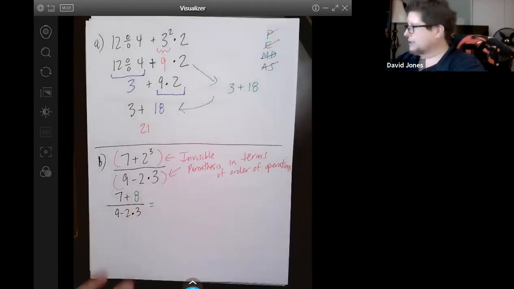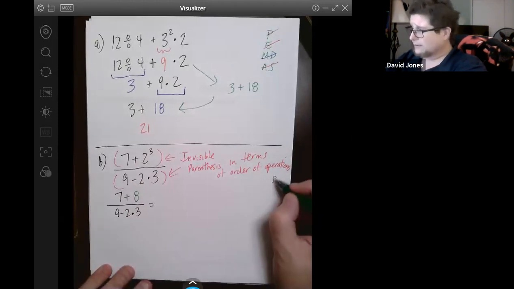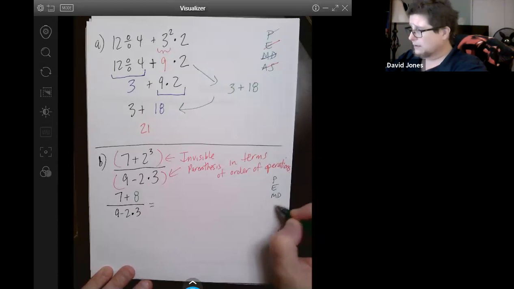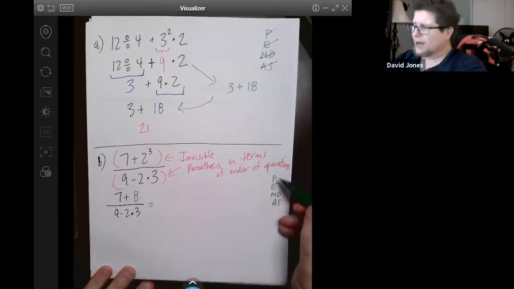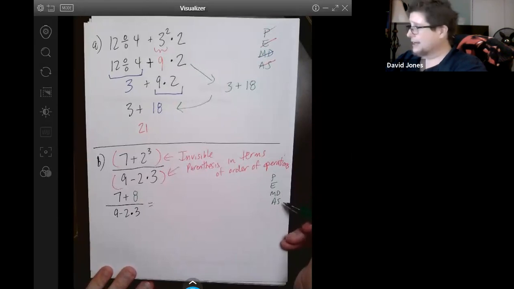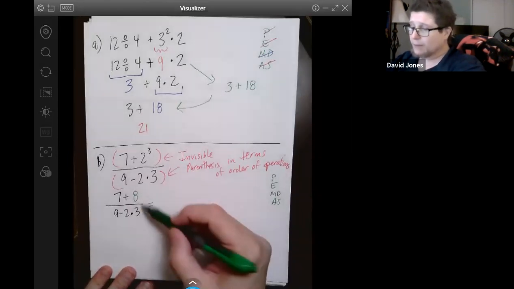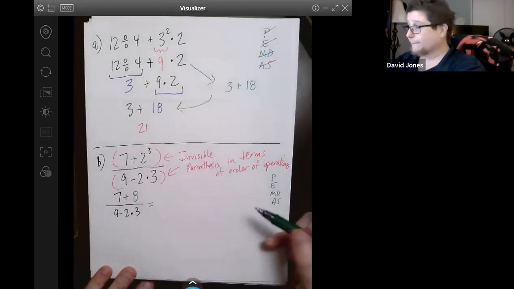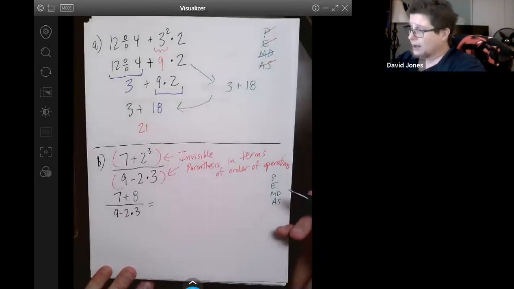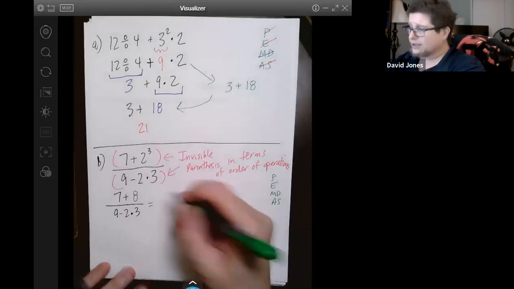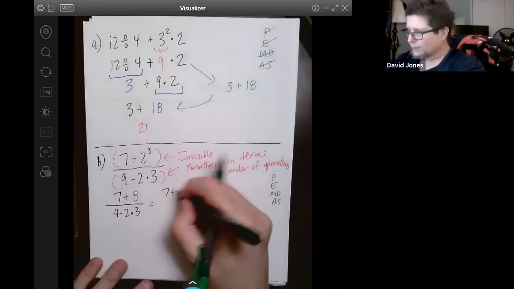And now, if we have our PEMDAS, when you have parentheses, you're going to follow all of the rest of the things, EMDAS, inside the parentheses and then go onward. So I need to do everything on top and bottom before I do this fraction part. That's what that means. So now we've got multiplication, division. I still got the 7 plus 8. Those don't have any multiplication or division.